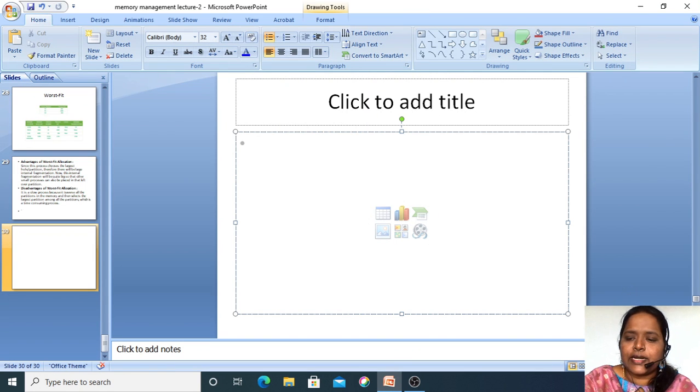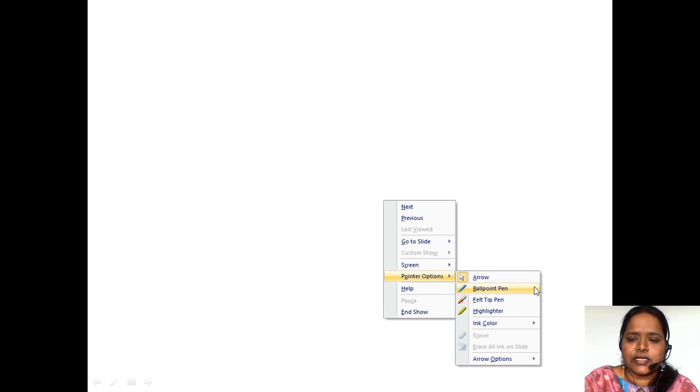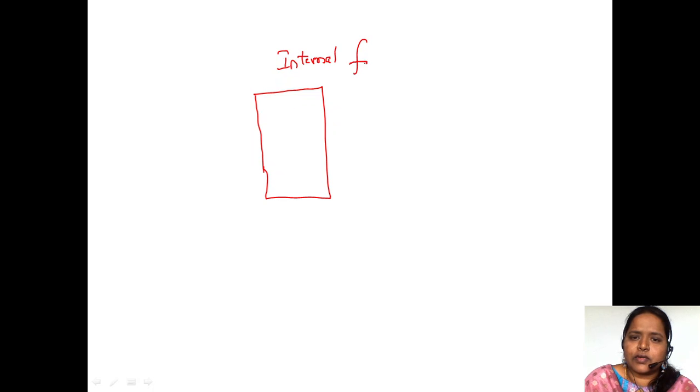So internal fragmentation, in the sense, suppose this is the memory. As I have said before, the memory has been divided into partitions. So this is the main memory.